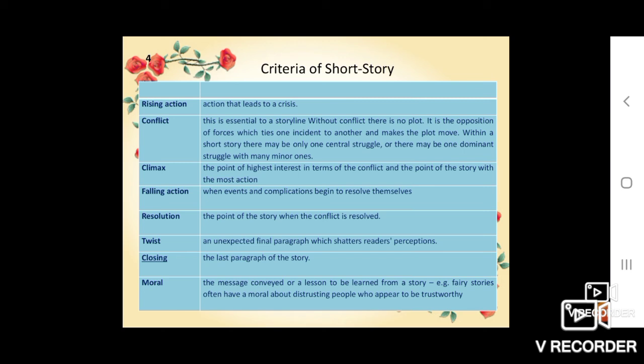For example, fairy stories often have a moral about distrusting people who appear to be trustworthy. These are some criteria of writing a short story, so as a student teacher you have to follow all the criteria while drafting your short story, and definitely you will be able to write such a fine story.